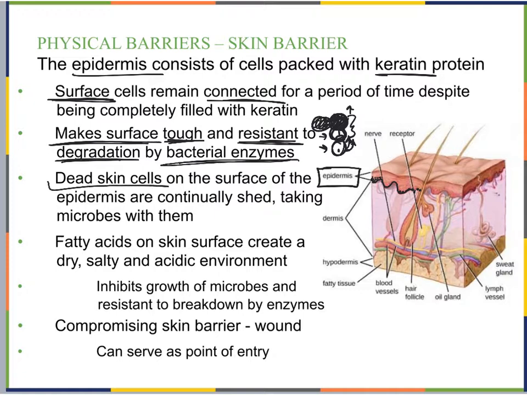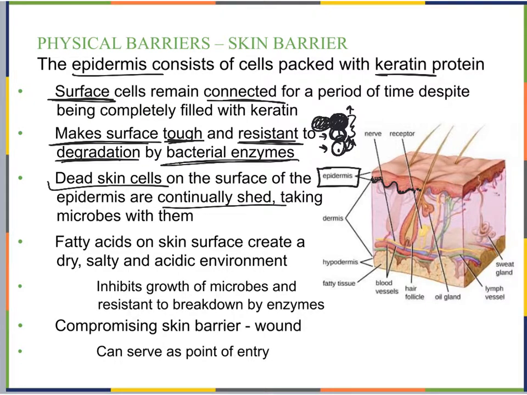Now, the dead skin cells on the surface of the epidermis are continuously shed. So again, as this stem cell is making new copies of itself, it's pushing those cells further and further toward the surface, and then that surface layer is going to be shed. So it's coming off all the time.